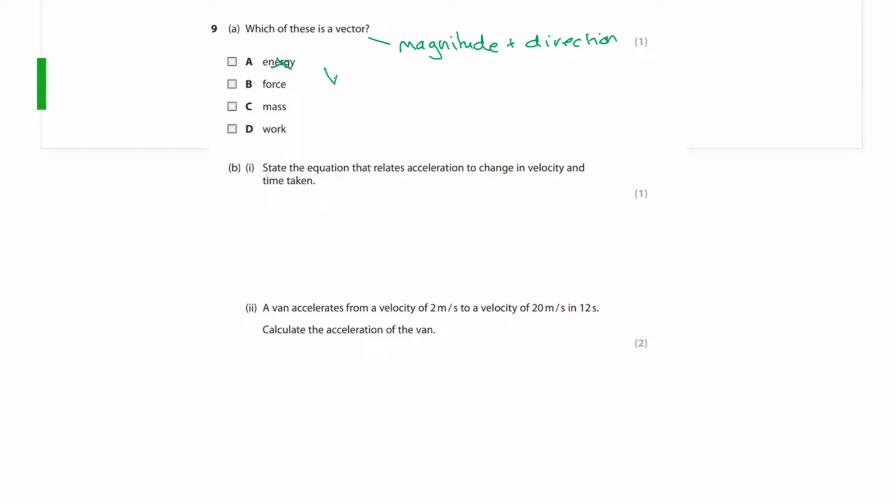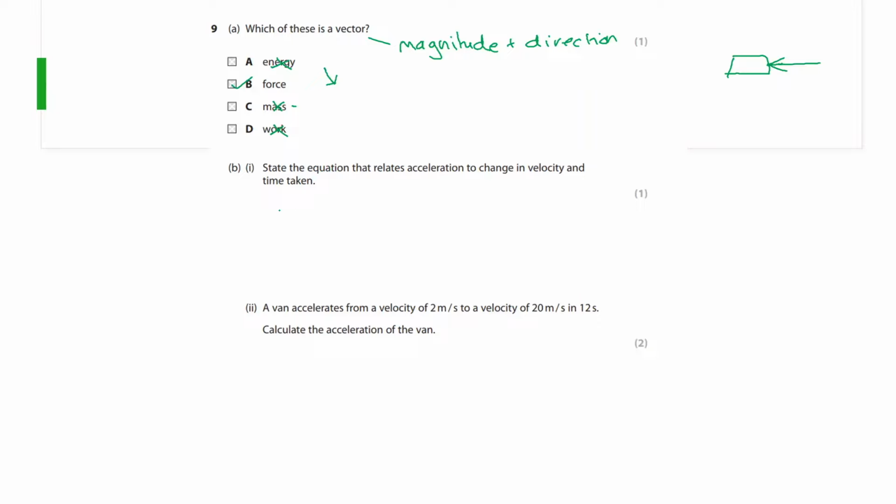Mass is in kilograms, and it's the same everywhere in the universe. Work is actually joules, energy as well, so no. It is force, because force is measured by an arrow. Think about it. If you had a force on a box on a table, you'd draw an arrow, wouldn't you? Force.